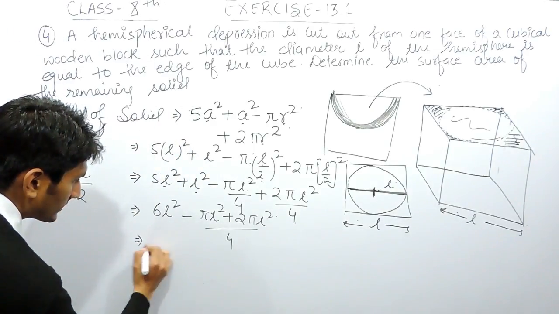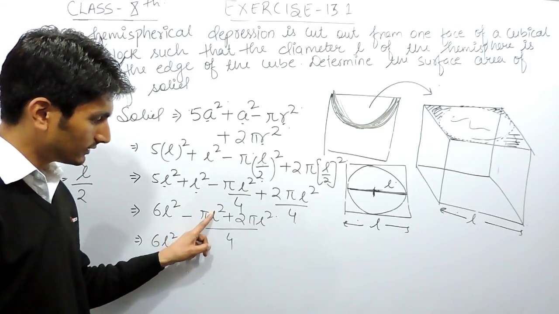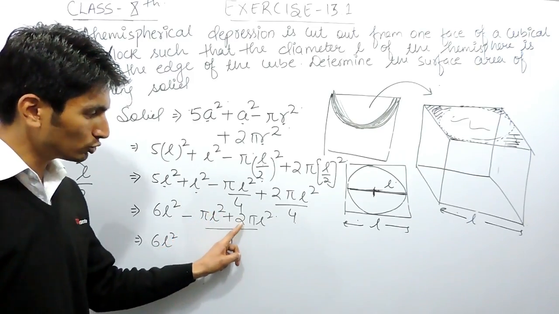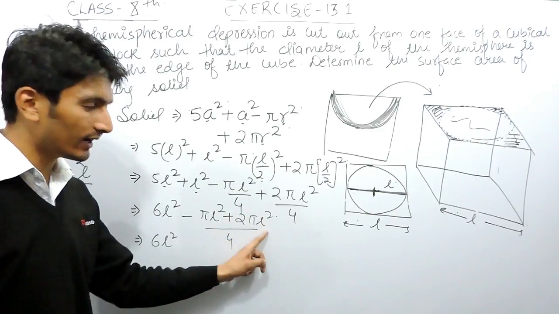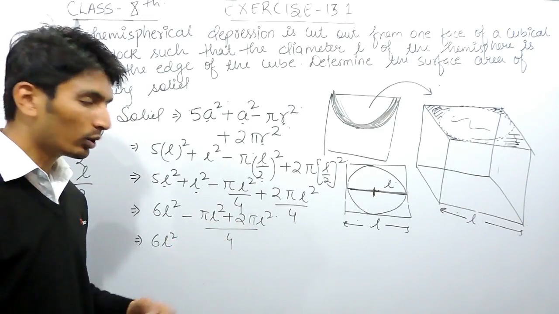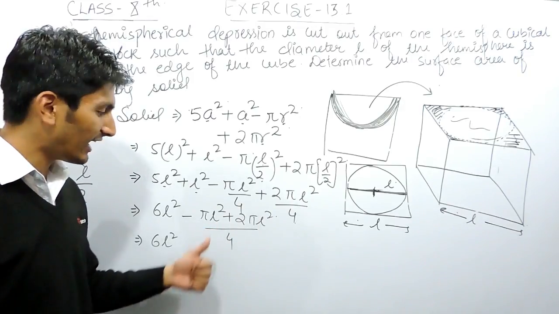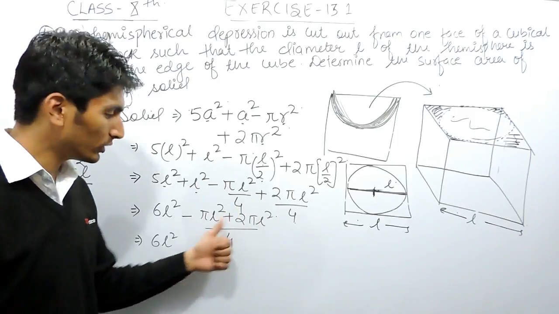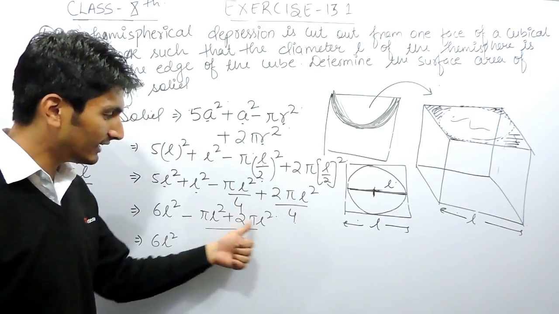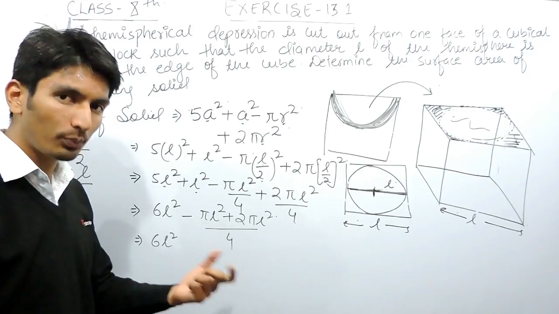Further solving, these are like terms: pi L square and 2 pi L square. Like terms are those expressions having the same variable, and the variable here is L, because pi is a constant, whose value is 22 upon 7.